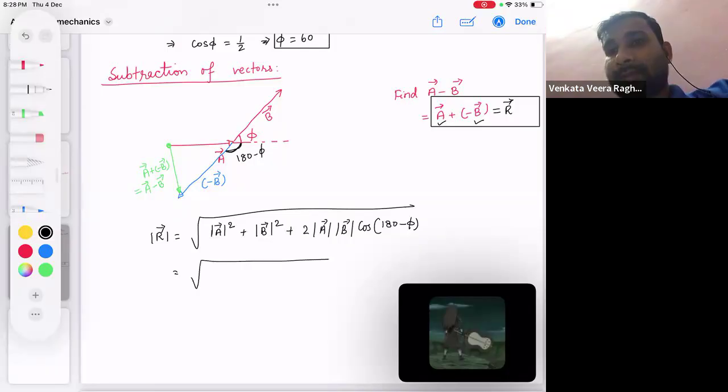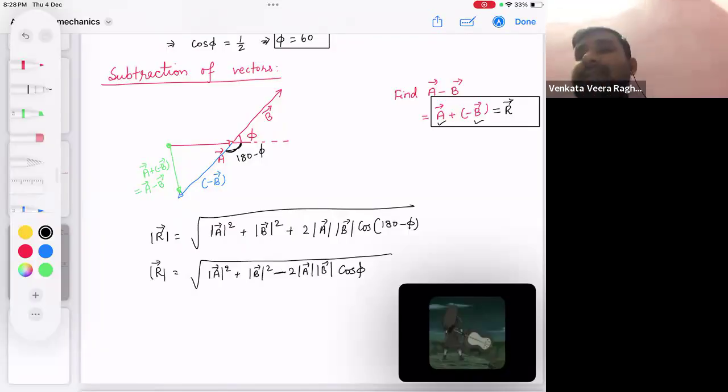Magnitude of A vector square plus magnitude of B vector square plus 2 times of mod A, mod B, and see, cos of 180 minus phi, is it minus cos phi? Please check it. Please tell me, is that clear?